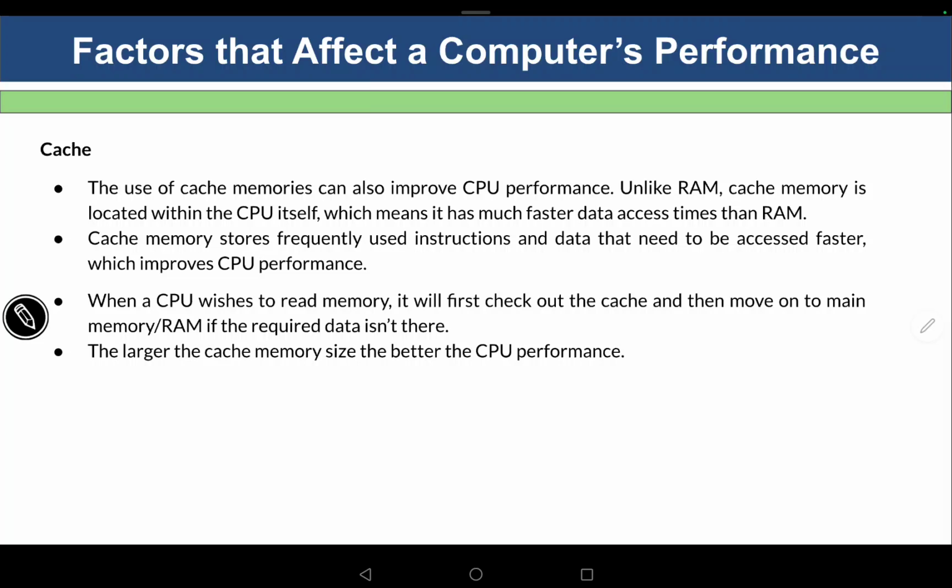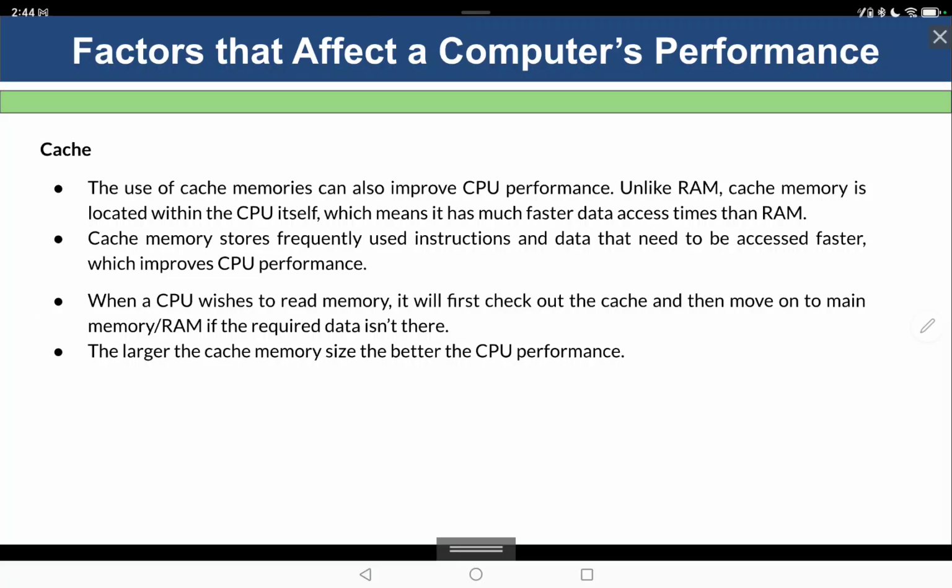Now, another factor that can affect the performance of a computer is the cache. The cache is also a memory in the computer system, but unlike RAM, the cache is located within the CPU itself, which means that it is much faster to access data from the cache than the RAM.